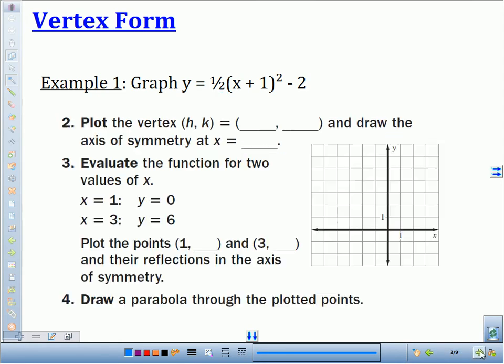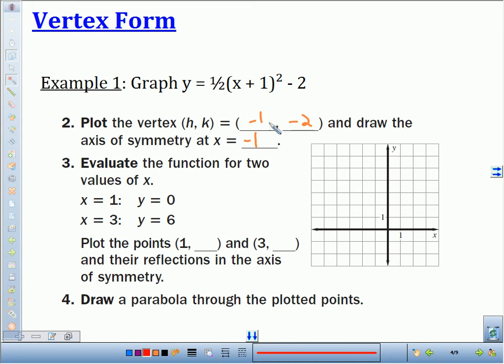On to the next step. My vertex, I want to plot. And I know that it's the point (-1, -2), because h is -1 and k is -2. And the vertex is the point (h, k). And we want to draw the axis of symmetry at x equals -1. So let's do that. Start with the vertex.